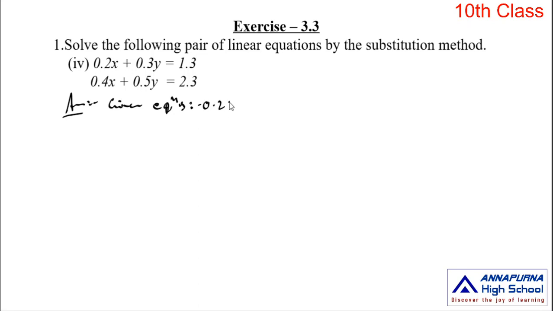Given equation 0.2x plus 0.3y is equal to 1.3, and the second equation is 0.4x plus 0.5y is equal to 2.3. If you observe the given two equations, all coefficients are decimals.